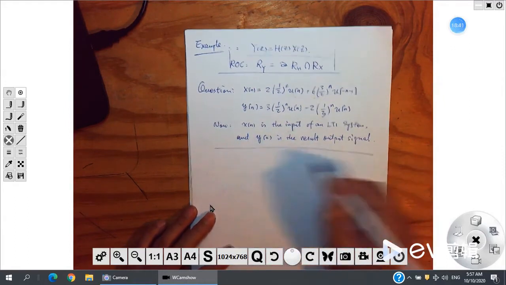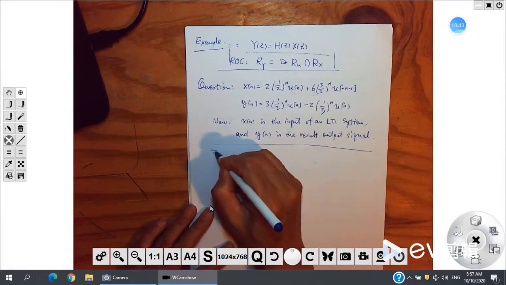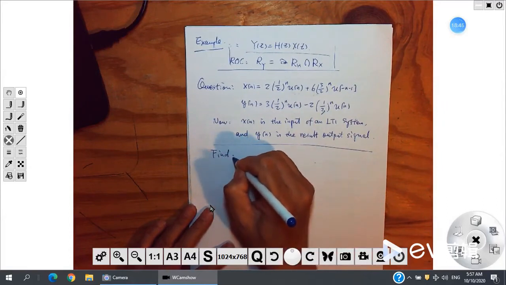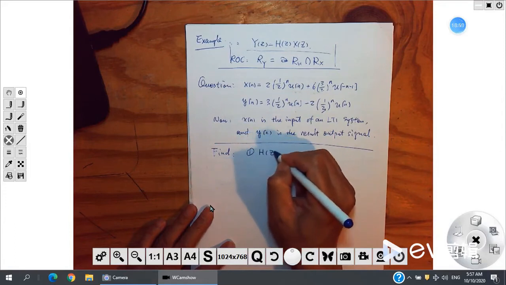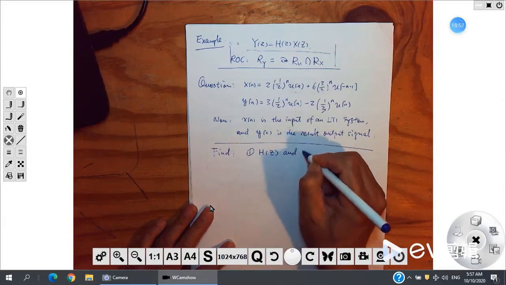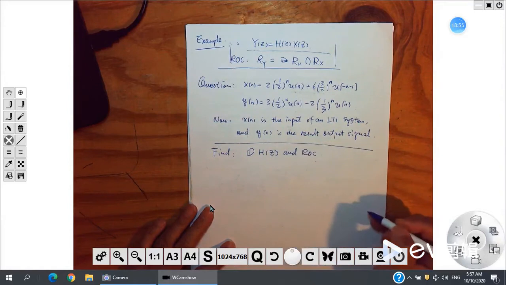What do we want? We want to find the following: H of z, and its RC.